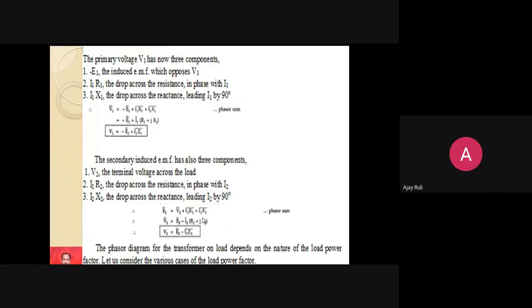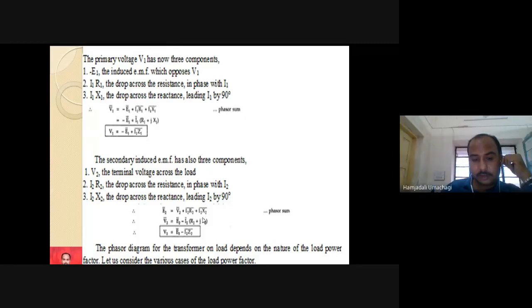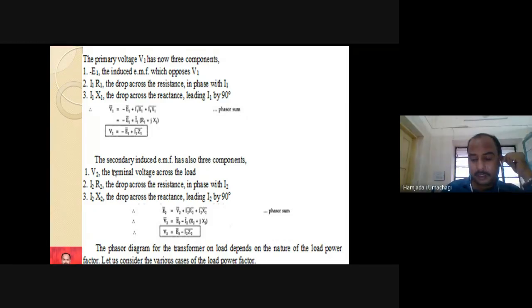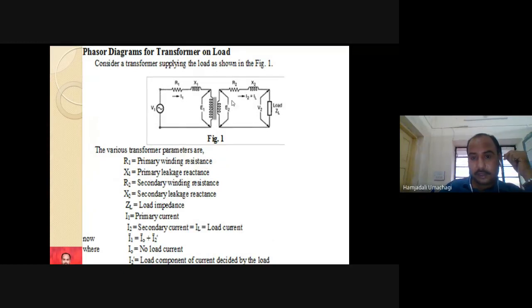Sir, why is the magnetic circuit only in the primary circuit? Which magnetic circuit, sir? This magnetic circuit is going to provide the link between primary and secondary. Remember, a transformer is a magnetic circuit because it operates based on mutual induction.